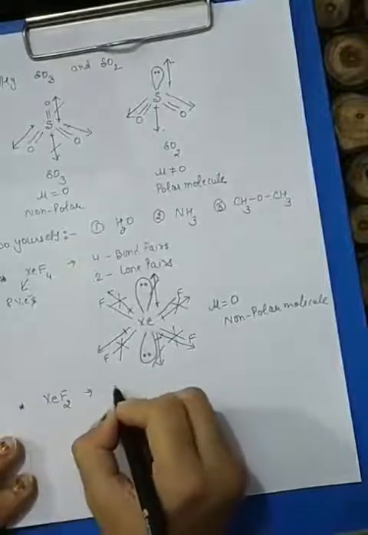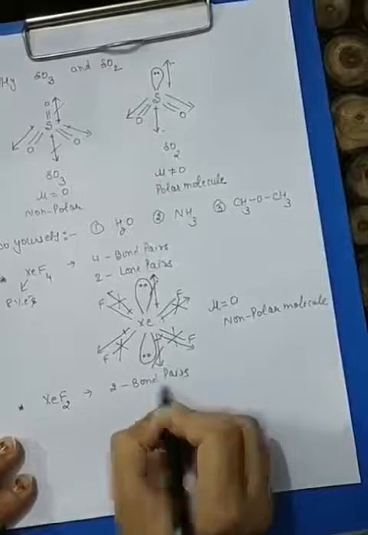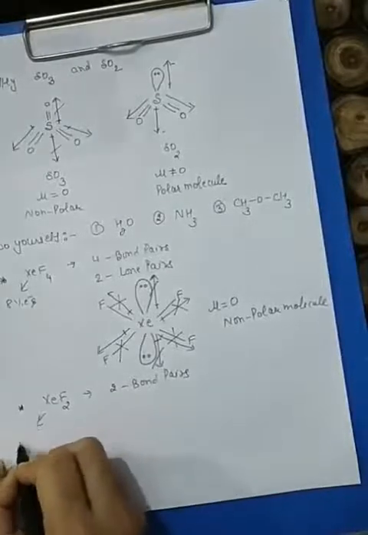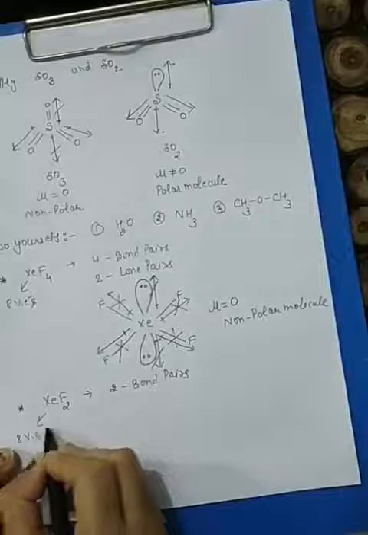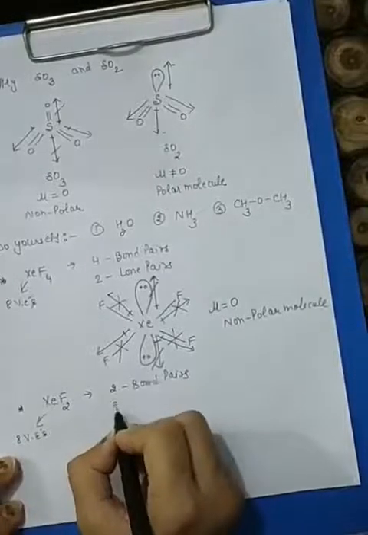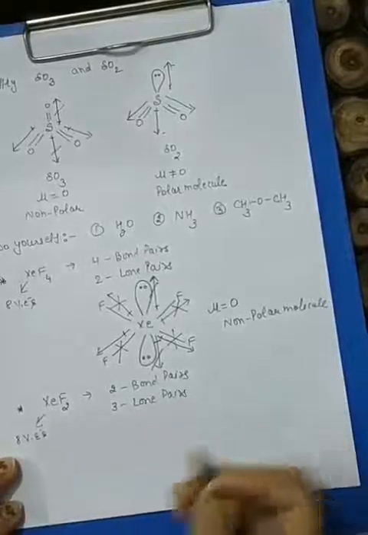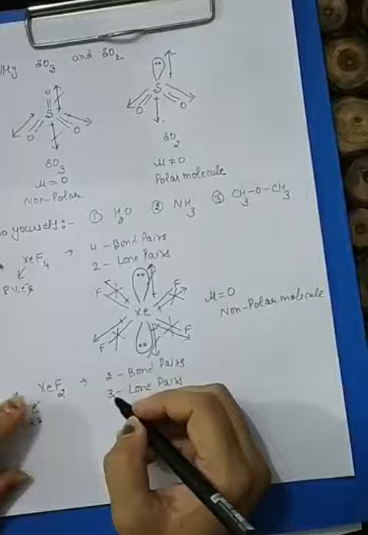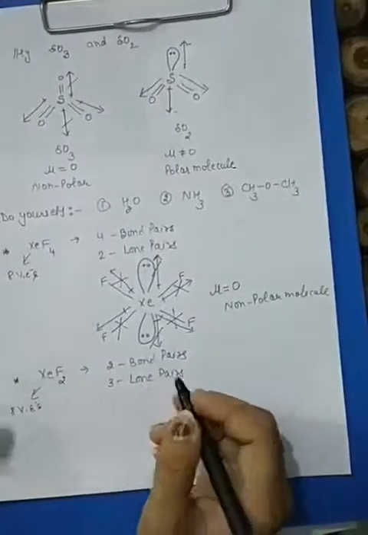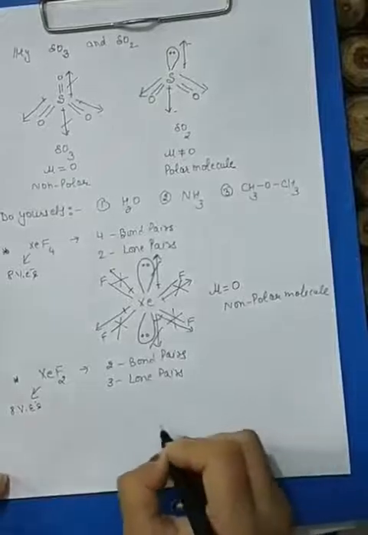Now the next one, XeF2. Similarly, calculate the number of bond pairs. The total valence electrons are 8. Among 5 pairs, there are 3 lone pairs of electrons. The symmetrical structure for 5 pairs is trigonal bipyramidal, but due to the presence of lone pairs, the structure is not symmetrical.